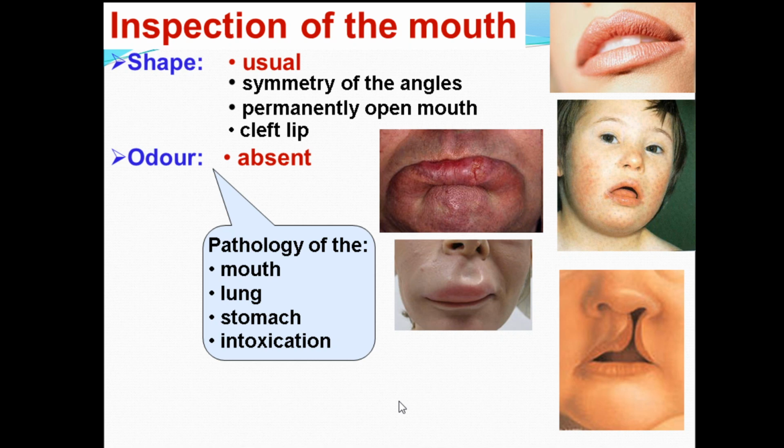If no problem, first of all, we must examine lung and stomach of the patient, because they are tightly connected with the mouth, and all pathological odors will be removed through the mouth. And if no problem, we'll find any intoxication.